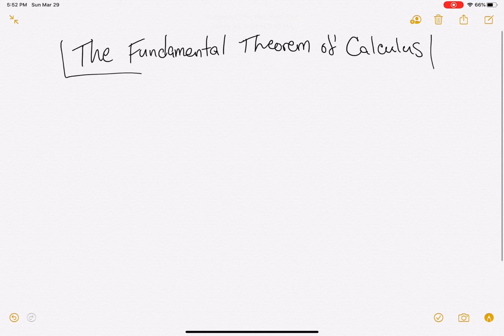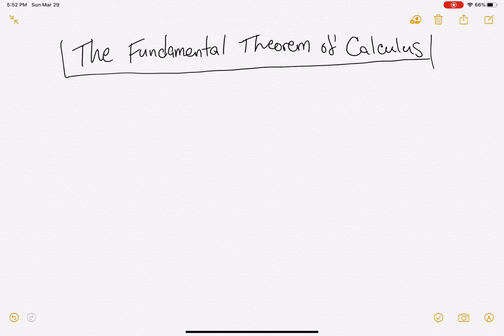And mathematicians only use the word fundamental for very, very, very important theorems. I'm going to write it out first, and then we'll see if we can dissect what it means and why it's true.